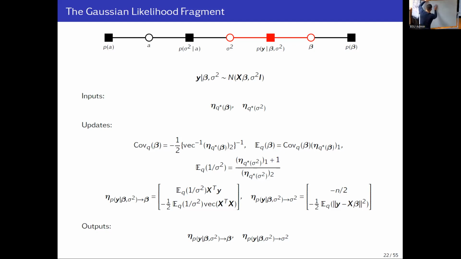It's still going to be an expectation with respect to Q minus beta. Yes. Whenever you're working out the message passed to a parameter, it's always the expectation without that parameter.